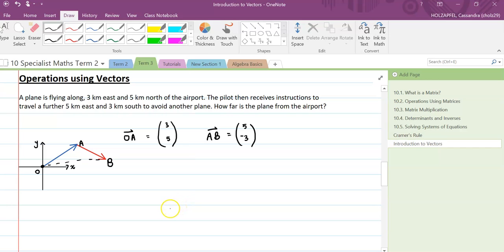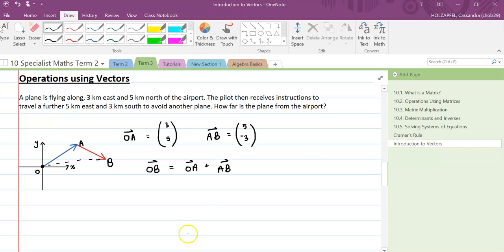Now, when I add these vectors, I need to add them in a specific way, and I can do that because these are touching from tail to head and then tail to head. So to find this final vector here from O to B, that's the vector OB, that's going to be equal to this vector here, OA, plus this vector here, AB.